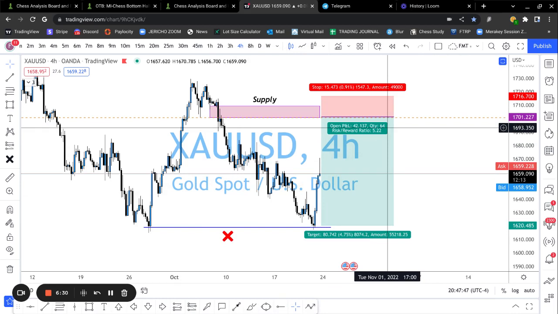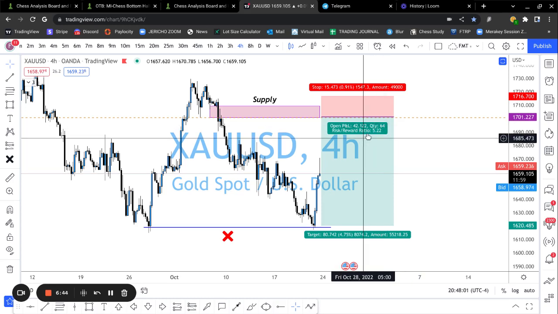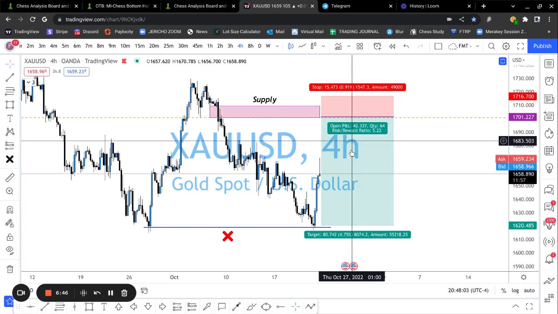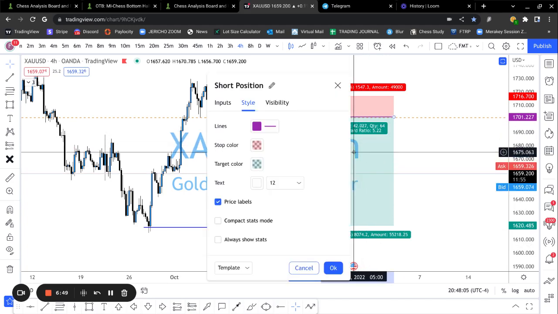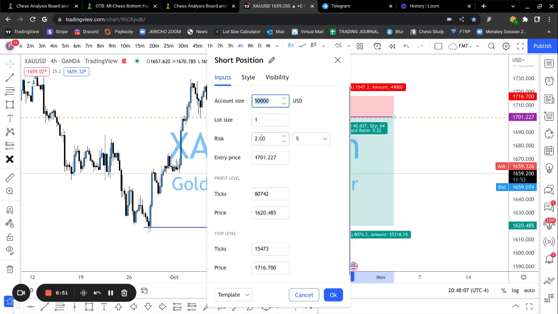So on FTMO, for example, when it comes to indices and metals, you have to go by the contract size. On FTMO, at the time of this video, the contract size for gold is 100. So say you trade a $50,000 account. That's what this risk reward ratio is based off of, a $50,000 account at 2% risk.